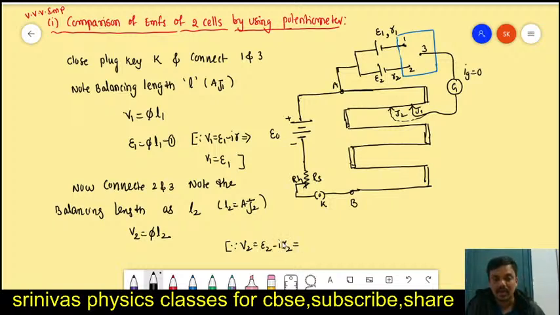But current through the galvanometer 0 means current through the cell is also 0. Then E2 minus 0 times R2, so V2 is equal to E2. Then we get E2 is equal to phi L2. This is equation 2.